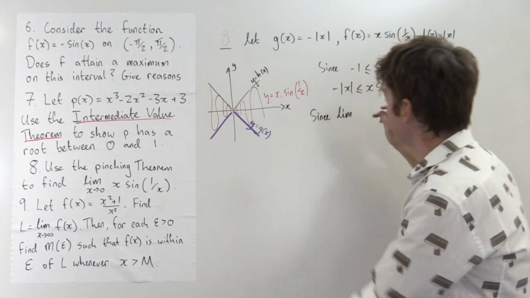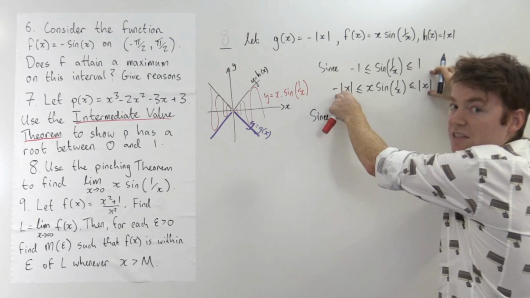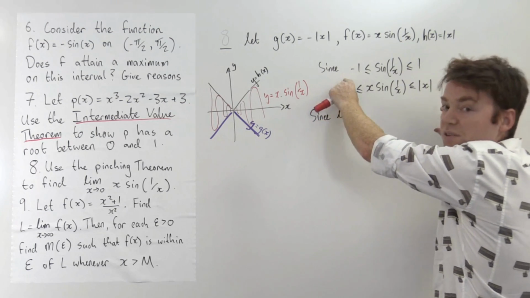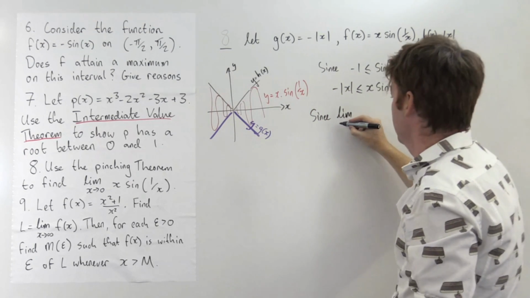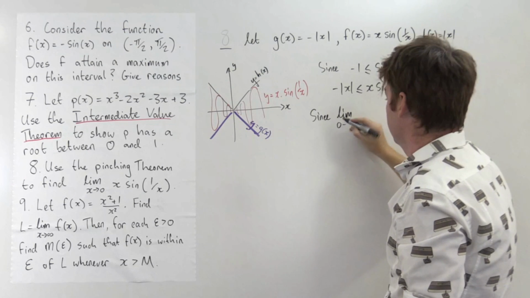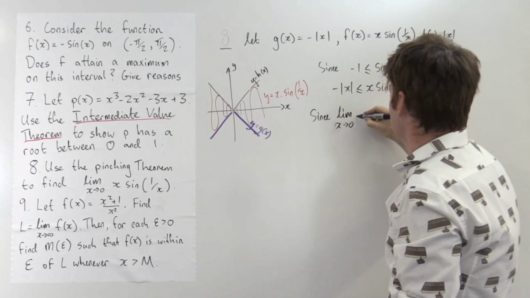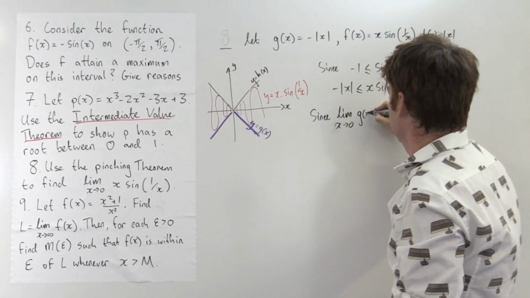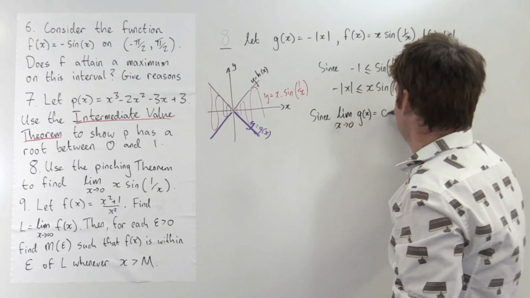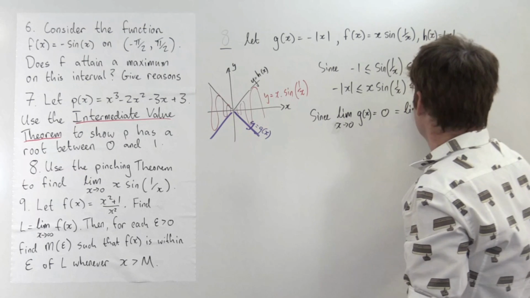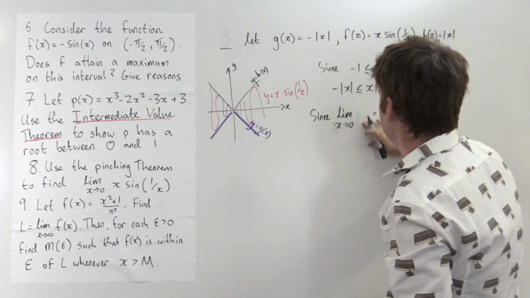Since the idea is as x goes to 0, this thing's going to 0, and this thing's going to 0. So the limit as x goes to 0 of g of x equals 0, which happens to be the limit, let me call it negative absolute value x.